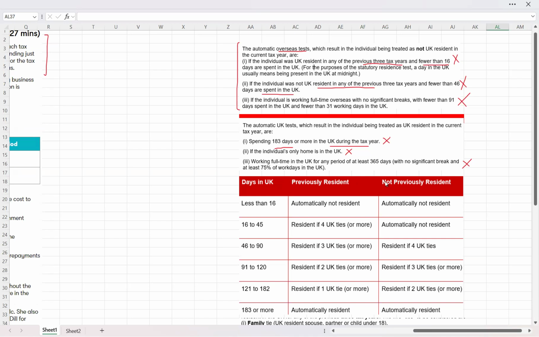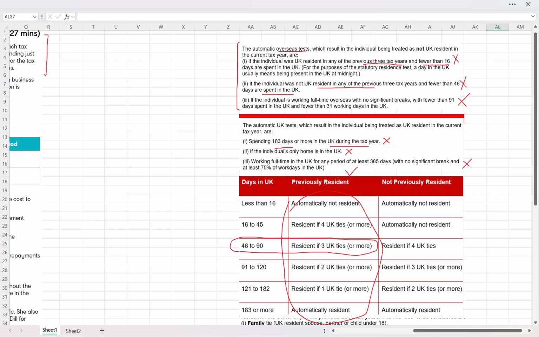Now we see that Dill has been previously resident. So let's see which column is useful. Previously resident. So we are going to consider the number of ties, and Dill was in the UK for 60 days. So the category that we're going to look at is this one.